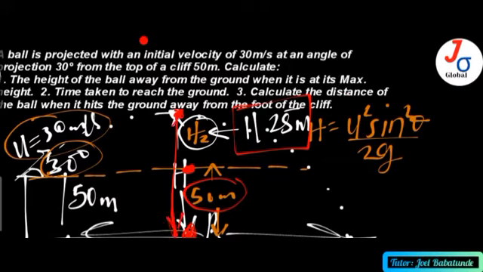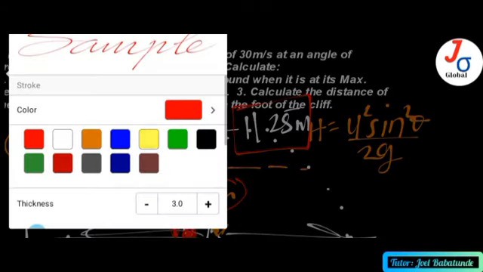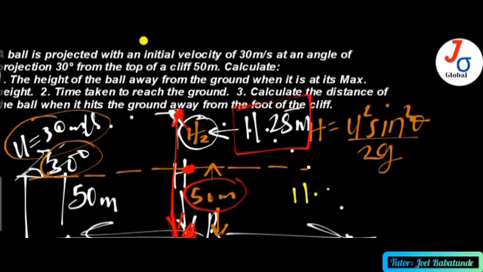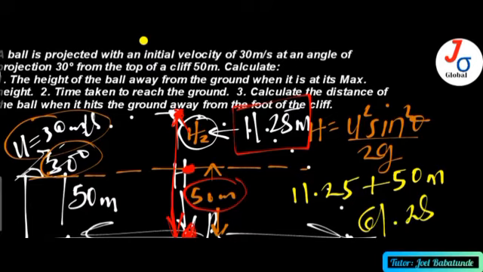We're going to add up the two heights together, and that's supposed to give us 11.25 plus 50 meters, which should give us 61.25 meters. So that's the height. Then we have to calculate for the time it takes to actually reach the ground.